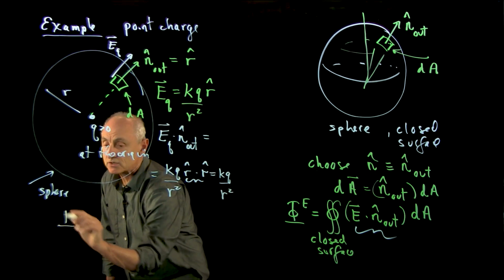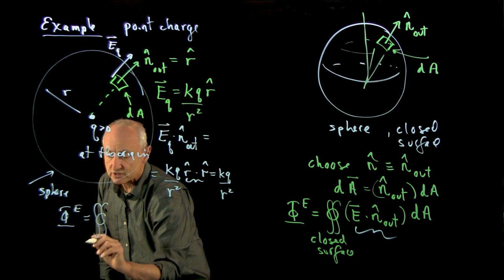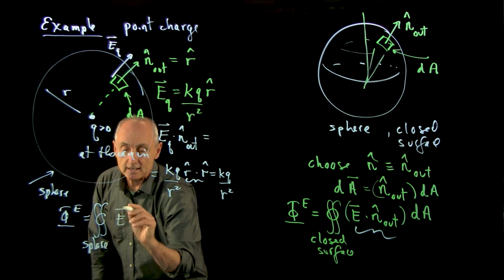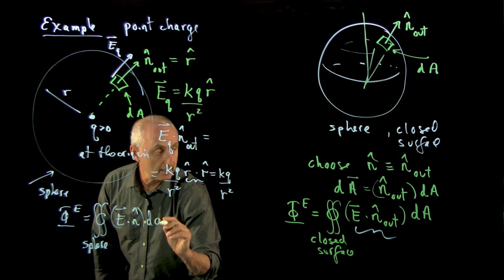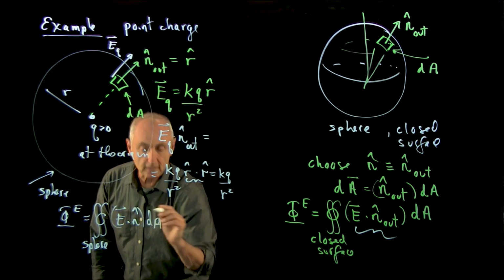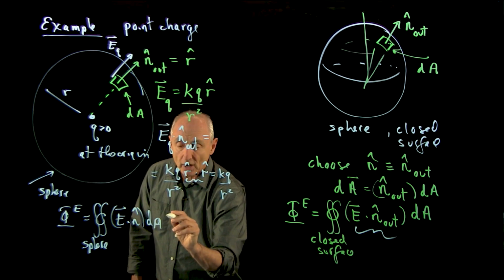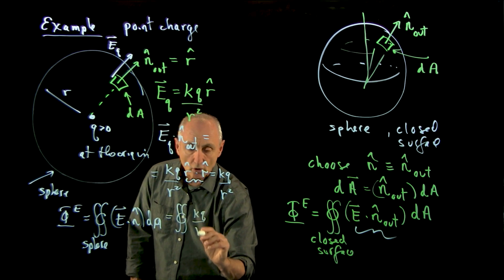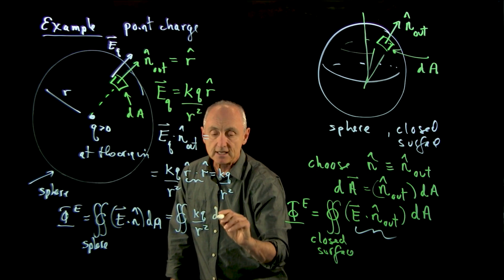And now the flux, Phi E, through our closed surface, this is a sphere of radius r, E dot n hat dA, and I'm writing that as a capital A. The dot product, first we compute the dot product. That's kQ over r squared, and we have a dA.